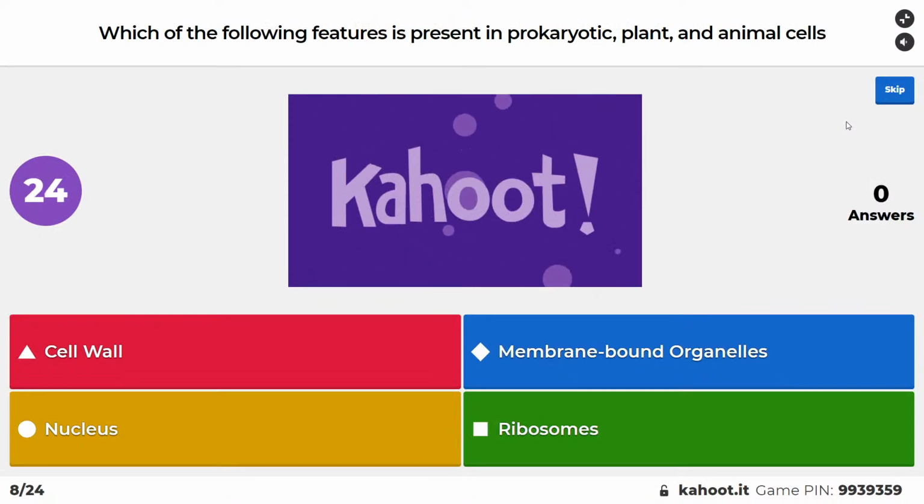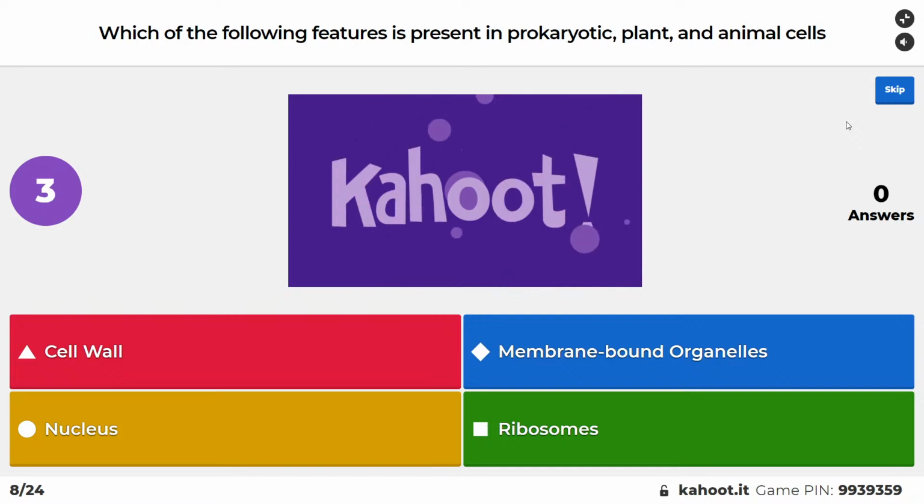Again, more memorization. You can definitely eliminate cell walls and membrane-bound organelles up front, because cell walls are something that animal cells don't have.